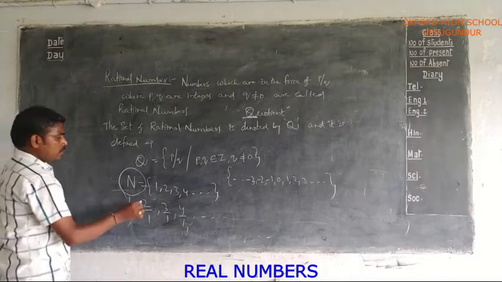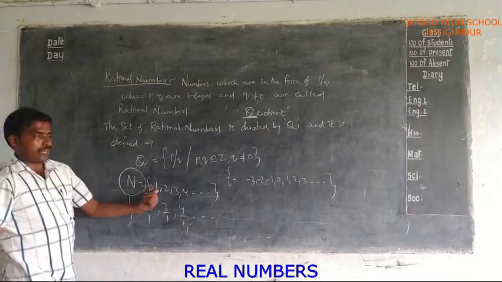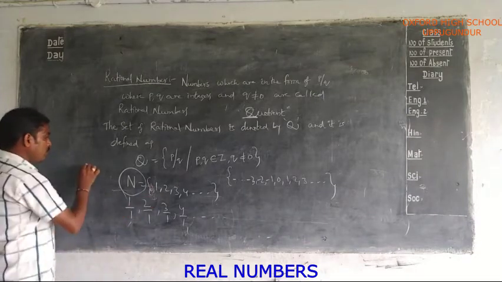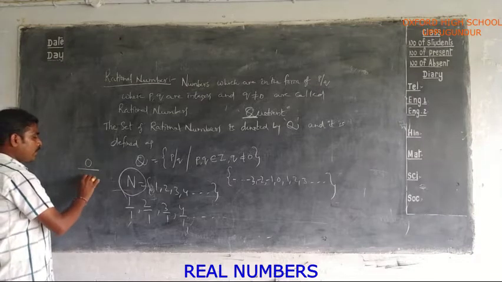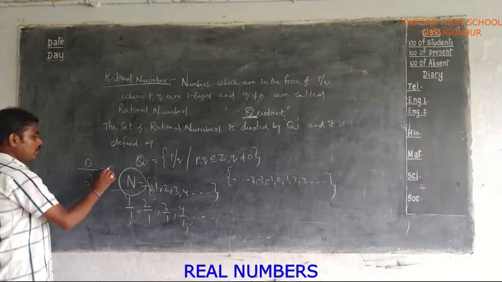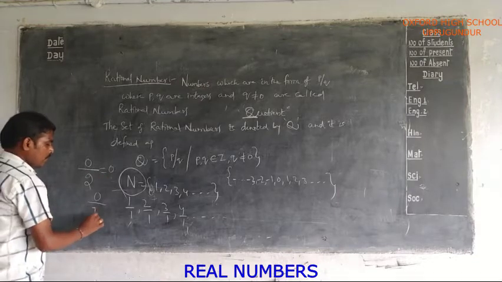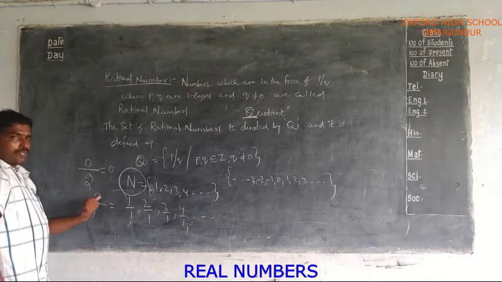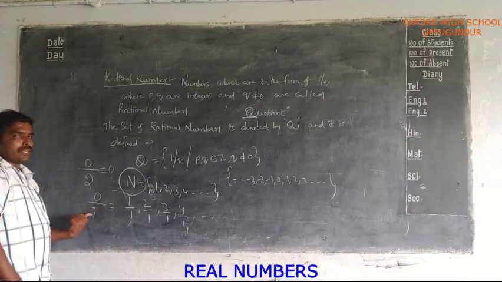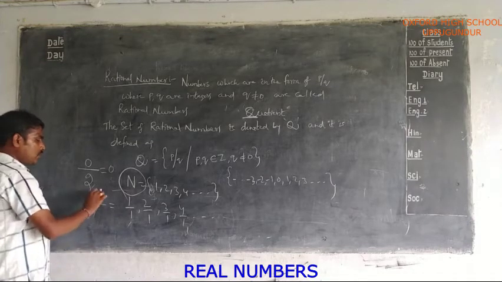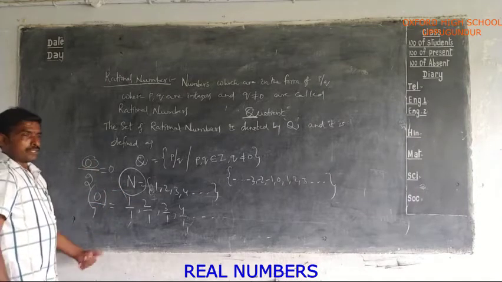Similarly, whole numbers are natural numbers along with 0. If you take 0 by any value except 0, you will get 0. For example, 0 by 7: here 0 belongs to integers, 7 also belongs to integers, and 7 is not equal to 0. That's why this is also a rational number. That means whole numbers are also rational numbers.